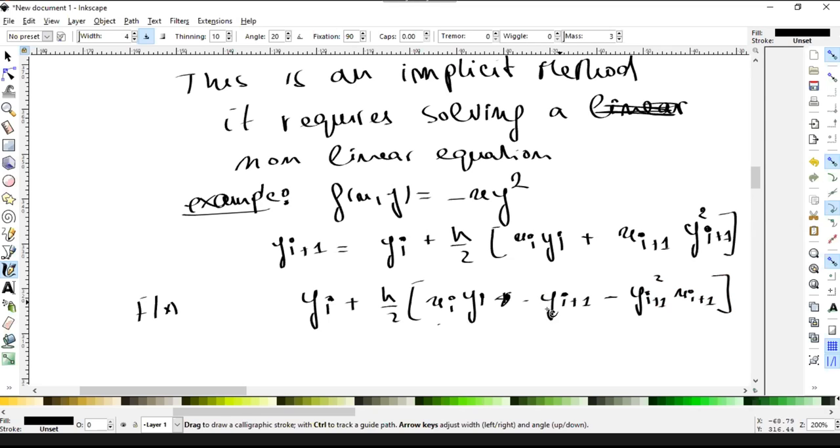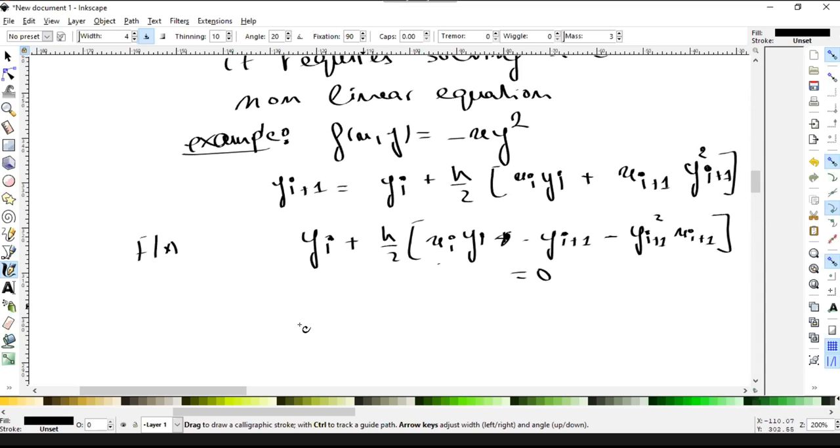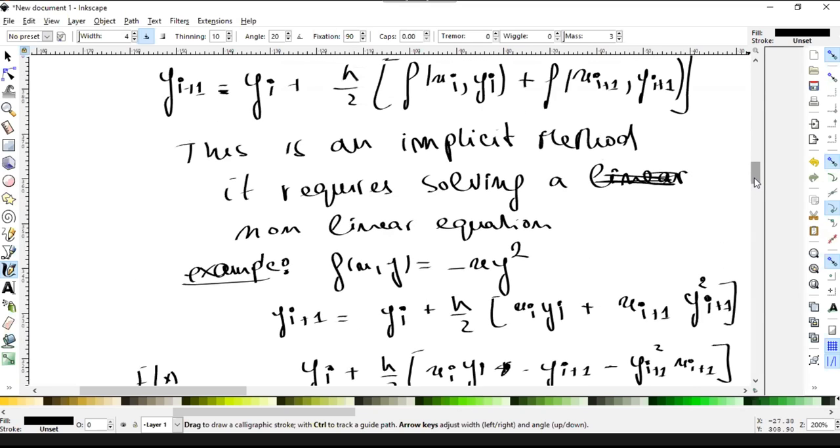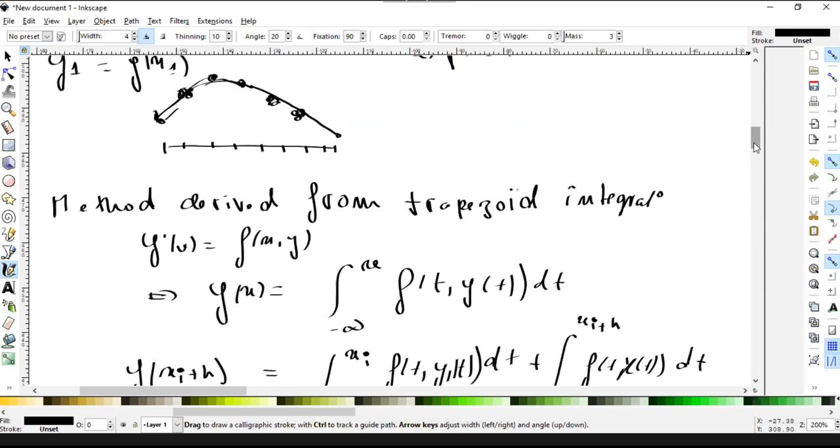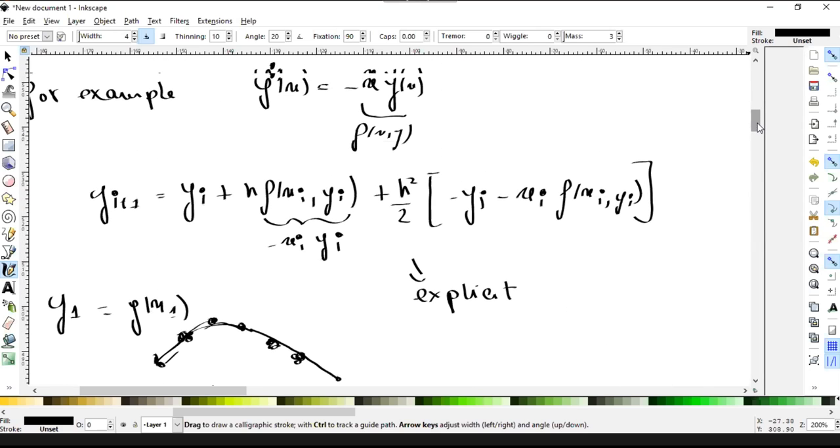You need to solve here equals 0. The solution x_{i+1} is the solution of this F of x equals 0.